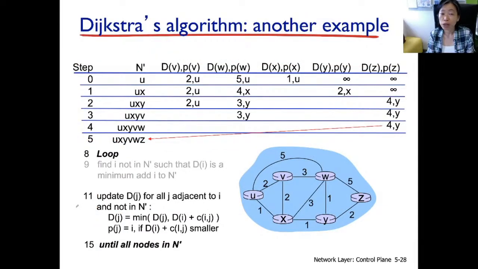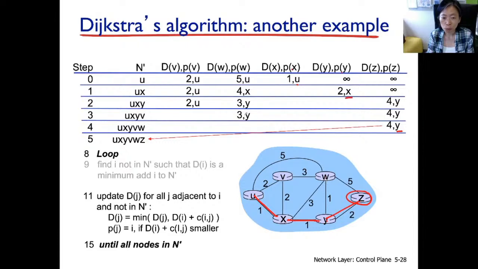Now, let's try to build the Dijkstra shortest path tree again, right? So let's go over all the possible destinations. From Z, the predecessor is what? Y. Y's predecessor is X. So X's predecessor, U. So then we don't have to do it again for X, Y, because they're already in the tree.